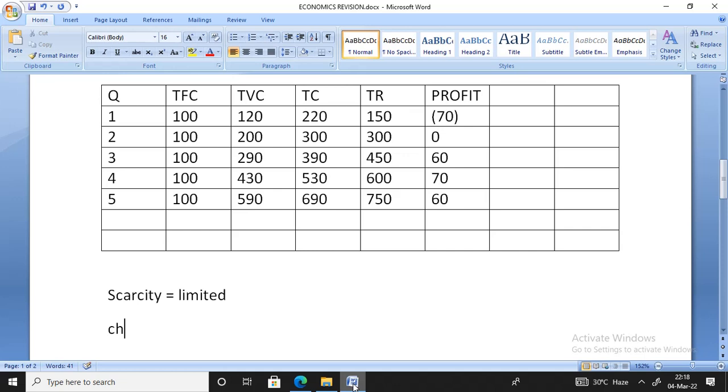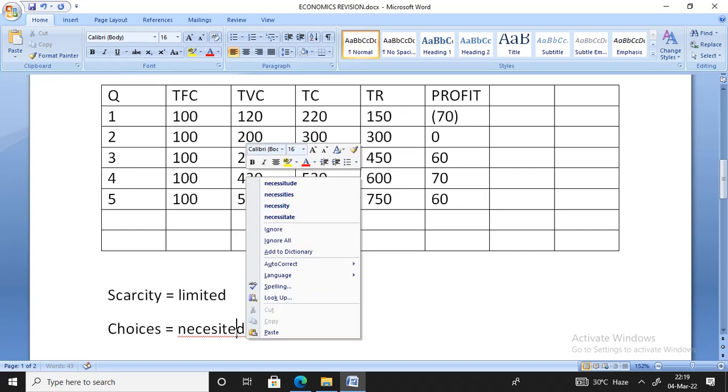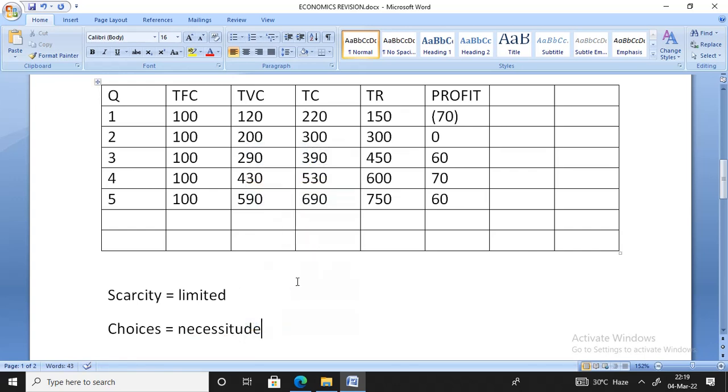So you can say choices are necessitated by scarcity.